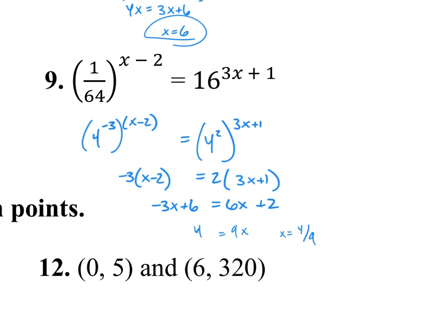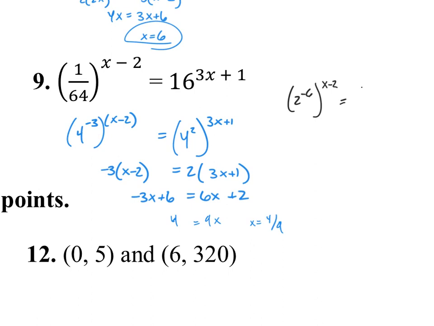So you could have decided to do it with 2 to the negative 6th power, because that's 1 over 64. And then 16 is 2 to the 4th power. And if you did it like that, you'd see that you'd end up getting the same answer.